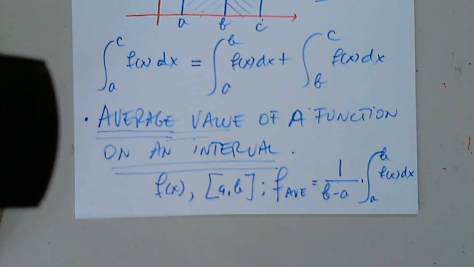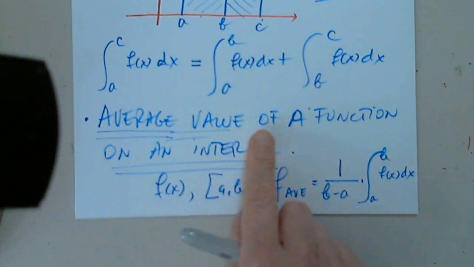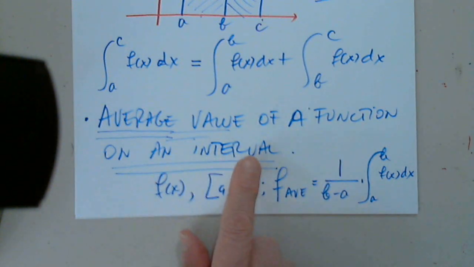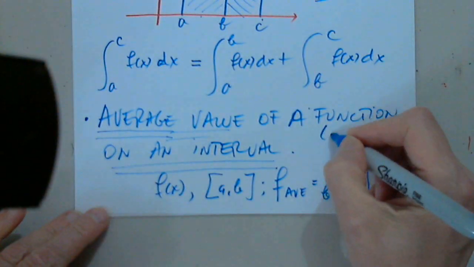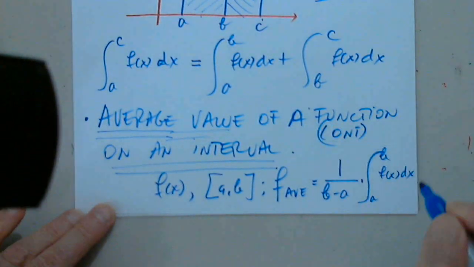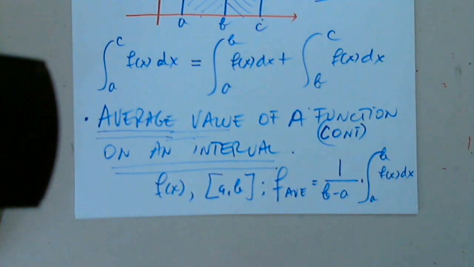So that's a formula that we have to use whenever we are asked to find the average value of a function on a given interval. And it has to be a continuous function, always. Okay, that's basically it, and let's look at applications.